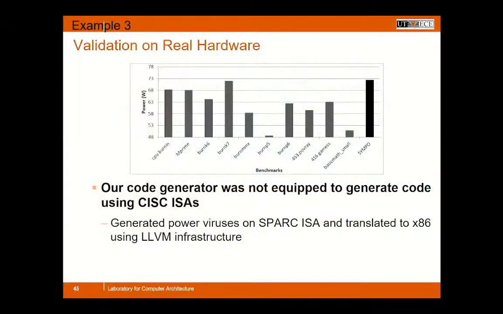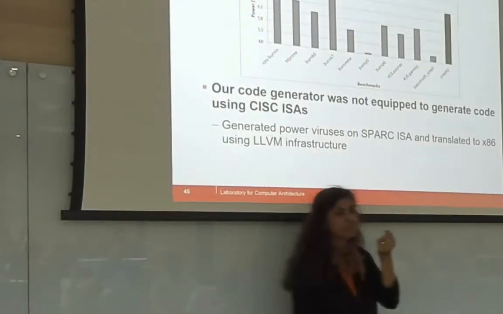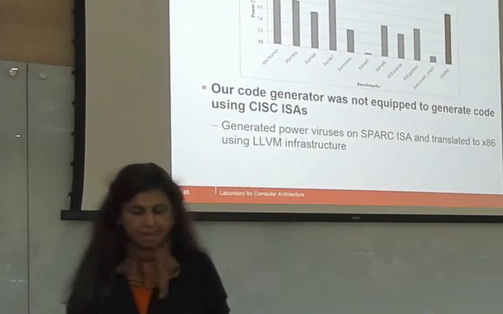The improvement on the last bar is not much higher, because this was written by somebody who really knows the machine and has done a good job. But we still automatically could find something slightly higher.